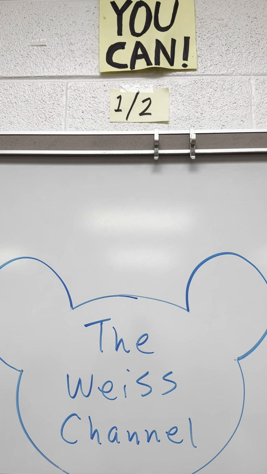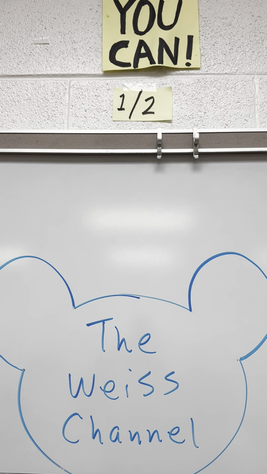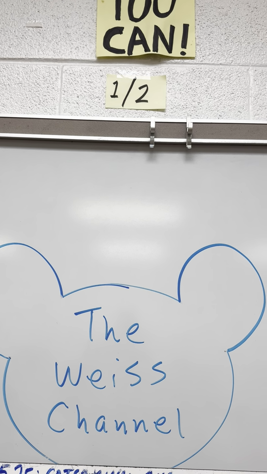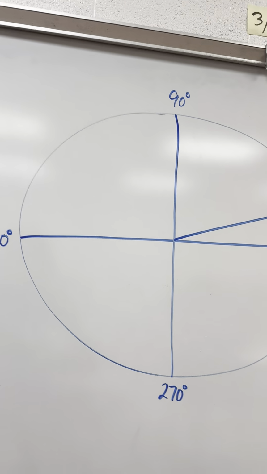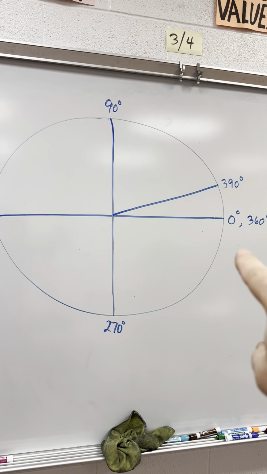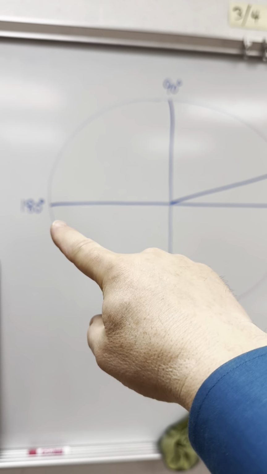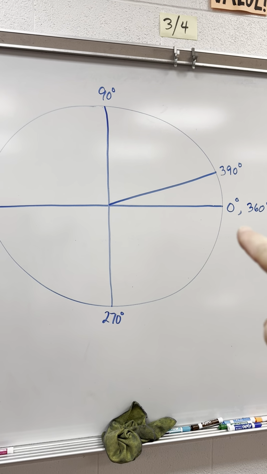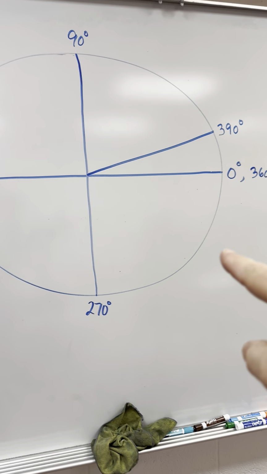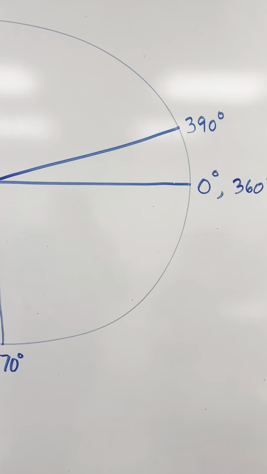Today I'm going to talk about coterminal angles. For example, here is a circle, right? And we've got 0, 90 degrees, 180 degrees, 270 degrees, all the way back to 360 degrees. If I go another 30 degrees, I get to 390.